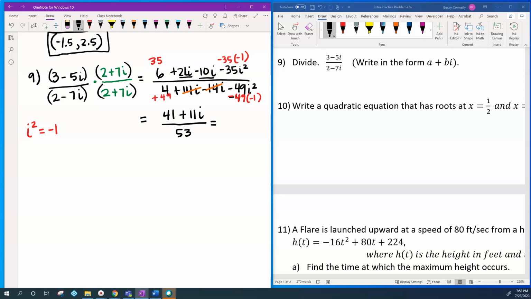Not by the conjugate again. We just need to actually split this up into two different fractions. So really, we're doing 41 divided by 53. So that's going to be one of our answers. That's our a. And then the bi part is going to be 11 over 53i.